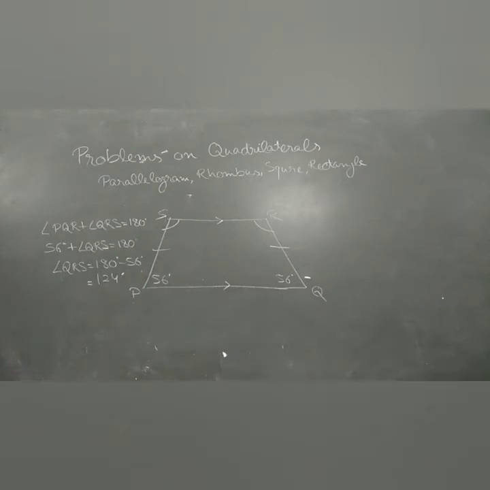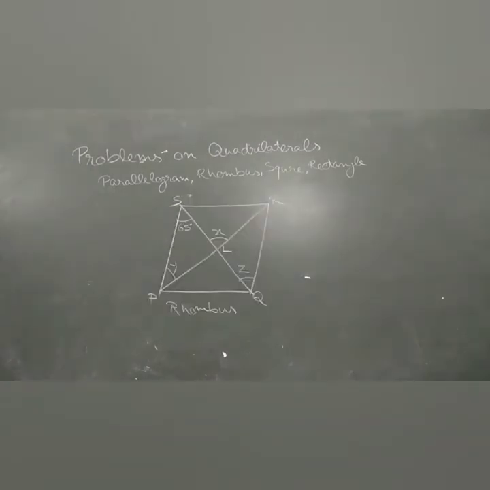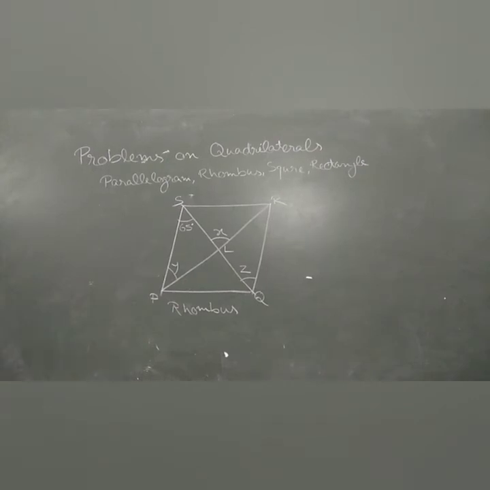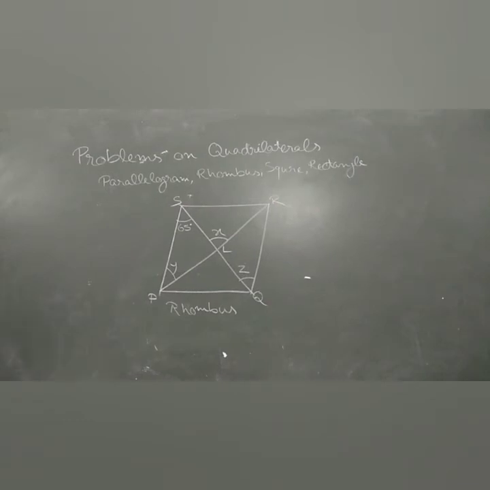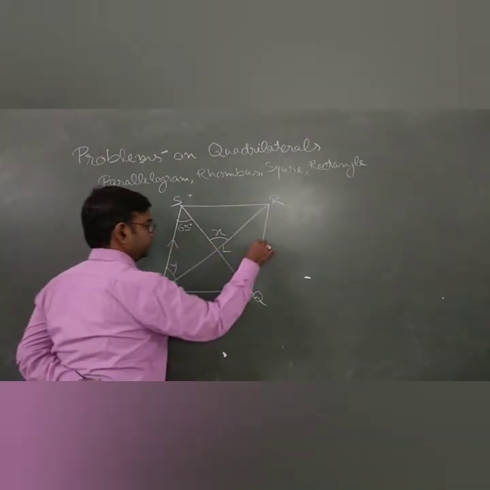Now move to some typical questions. This figure is your rhombus. In this rhombus, some angles are given. The question asks you to find the related angles by using properties. First, we know that these two sides are parallel to each other.